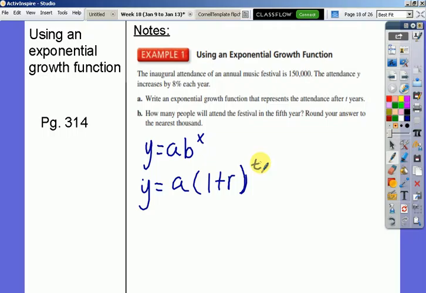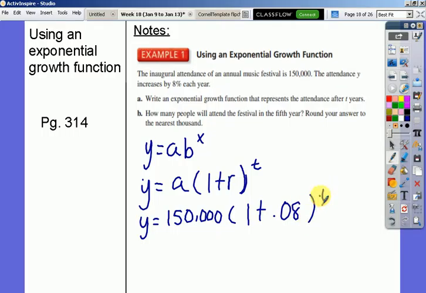A is my initial amount, so what's a going to be replaced with? Yeah, so the 150,000 that I start with. 1 plus r. What's the r? Yeah, 0.08. It needs to represent the 8%. And then I have my t. So all I have to do is just add 1 and 0.08, and I get y equals 150,000 times the quantity 1.08 raised to the t.